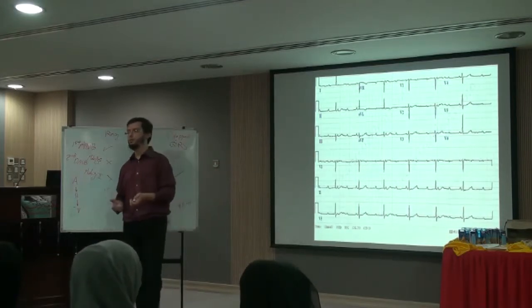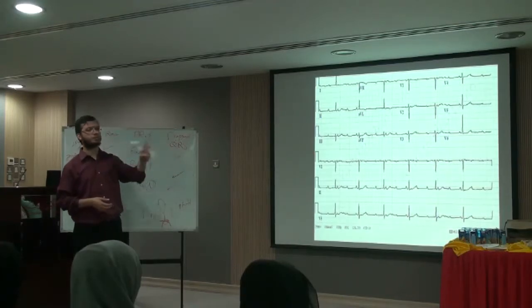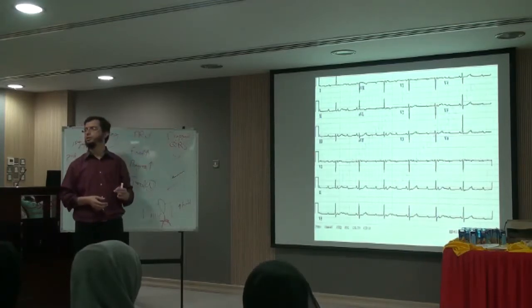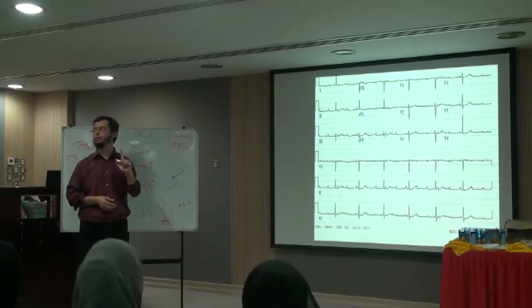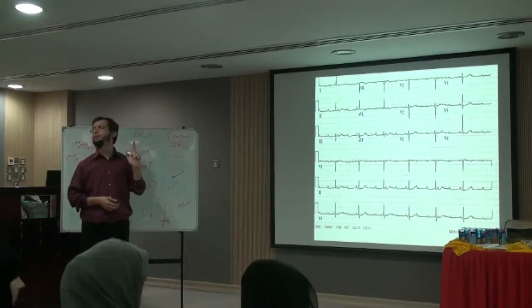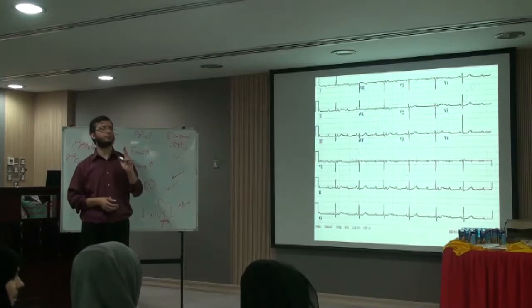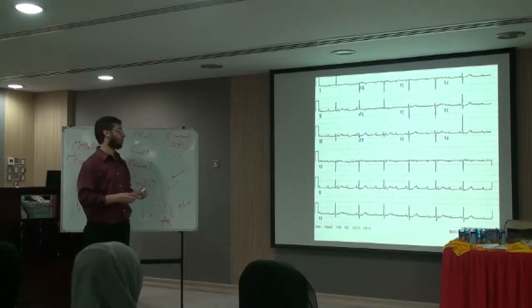So this is another example of AV dissociation. So these are two misconceptions about the third degree AV block. Not all the wide complexes with AV block are third degree. Not all the AV dissociation you can call complete heart block or third degree AV block.